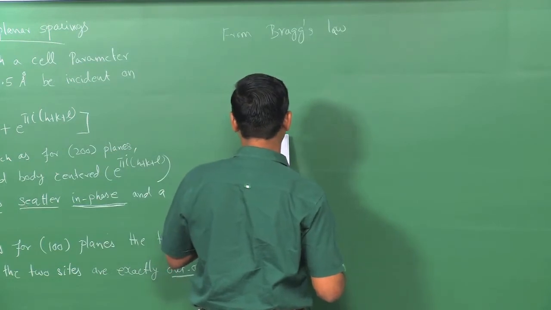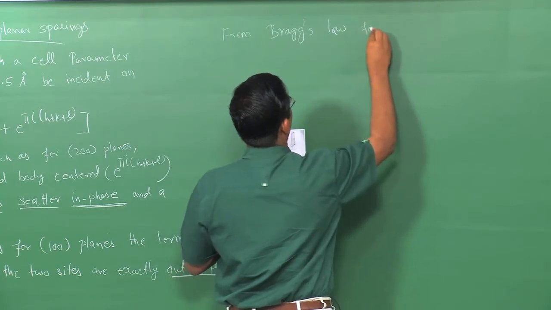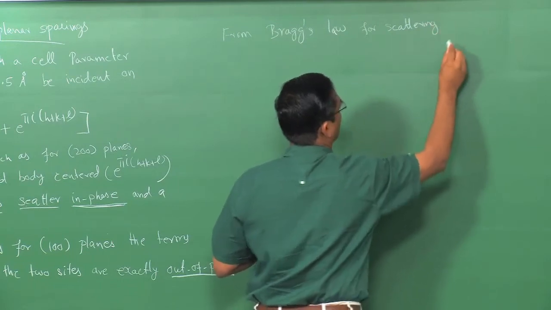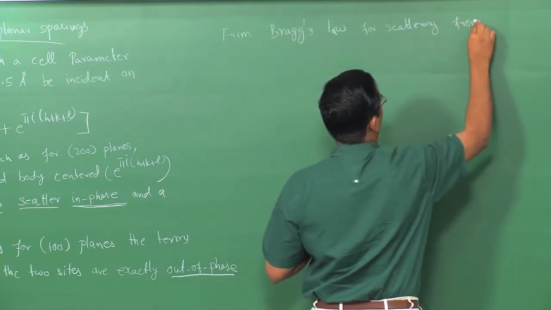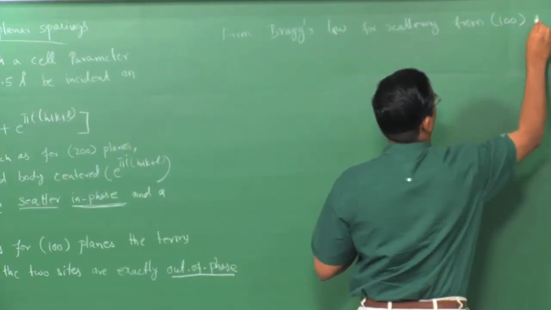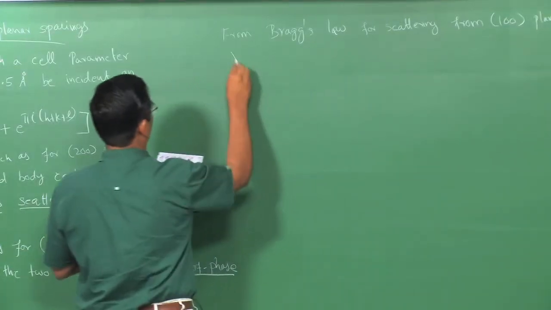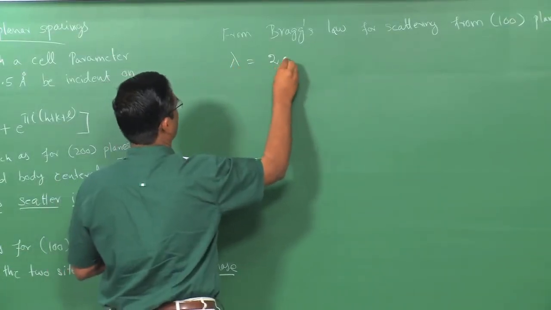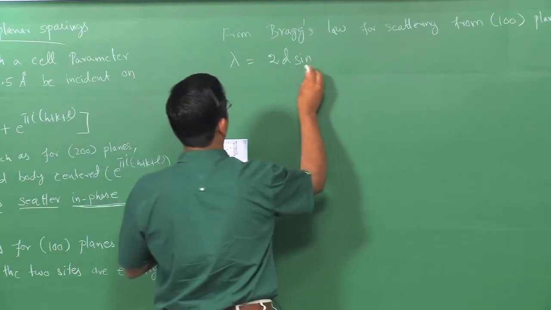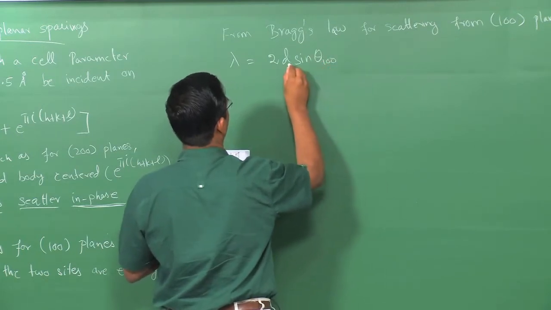We can write lambda is equal to 2d (1, 0, 0).